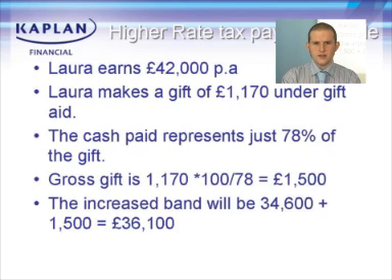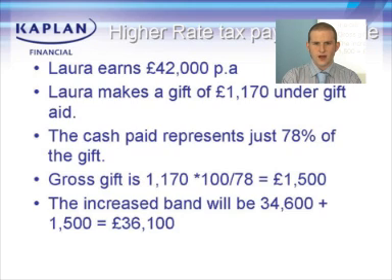Now, this is a really important bit to remember. You increase the basic rate band by the gross gift. The net gift is 1,170, which represents 78%. So the gross gift we have to gross up. So we have to say, okay, 1,170 is the net, the gross gift is 1,170 divided by 78 times 100.